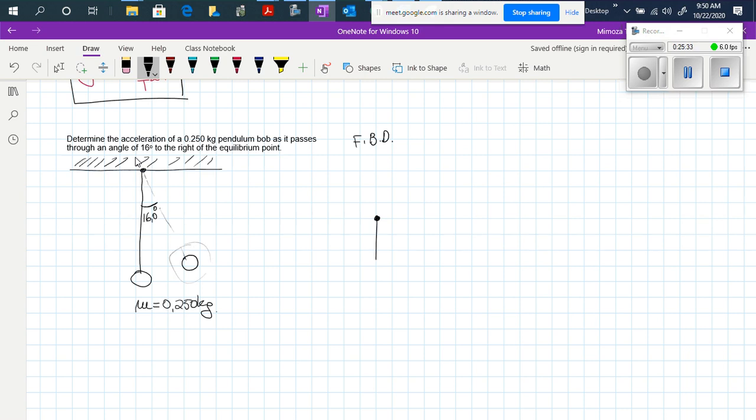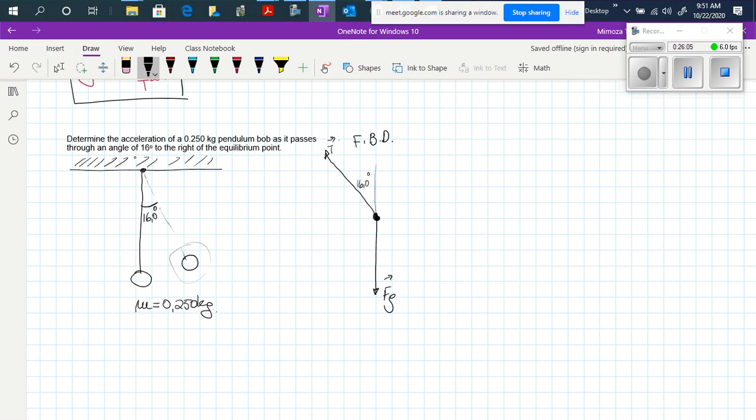Then we will have the universal force of gravity that is always going down. And then you will have the tension, which always starts from the object and goes along the string. The angle that the tension creates with the vertical axis is 16 degrees. So this is 16 degrees as well.